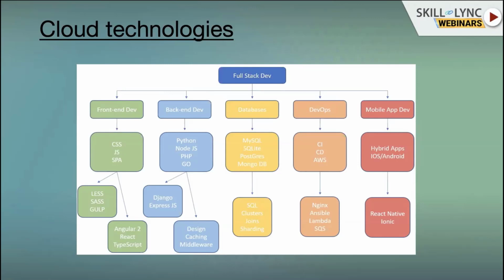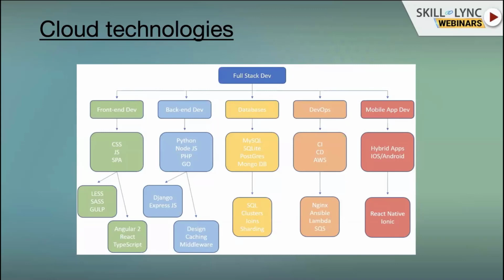In the front end, you basically use technologies like HTML, CSS, and JavaScript. These are the three technologies that a browser can understand. Then you see something called SPA, single page applications, which is the latest variation of front end application that we are using.